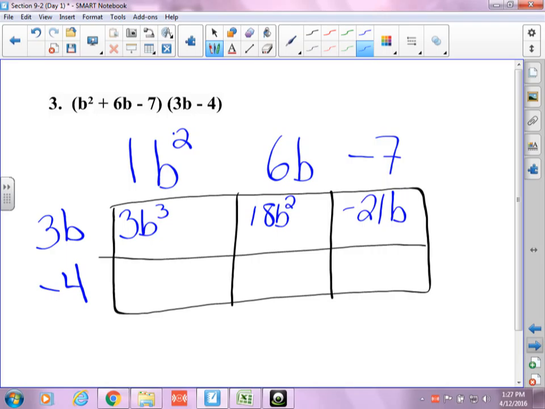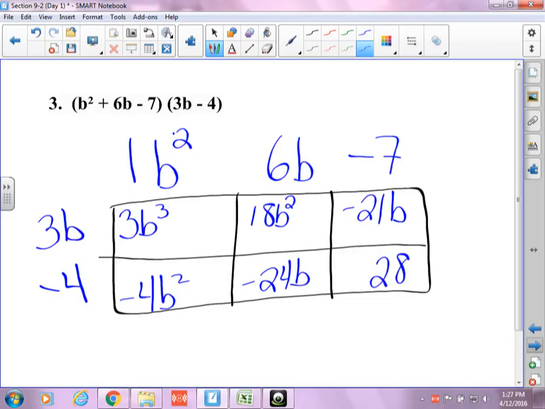Negative 4 times b squared is negative 4b squared. Negative 4 times 6b is negative 24b. And negative 4 times negative 7 is 28.